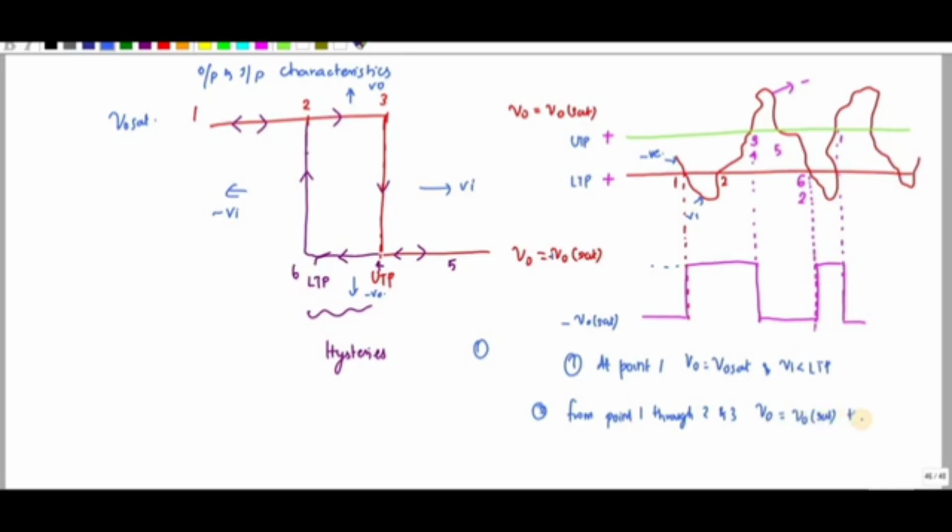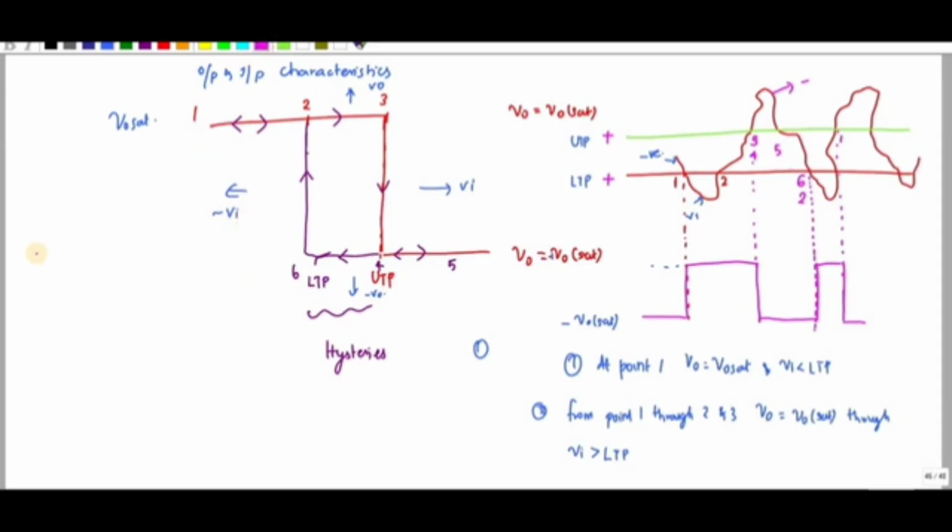Though the VI value is greater than the LTP value, from point 1 through 2 and 3, the V0 value remains at V0 saturation.